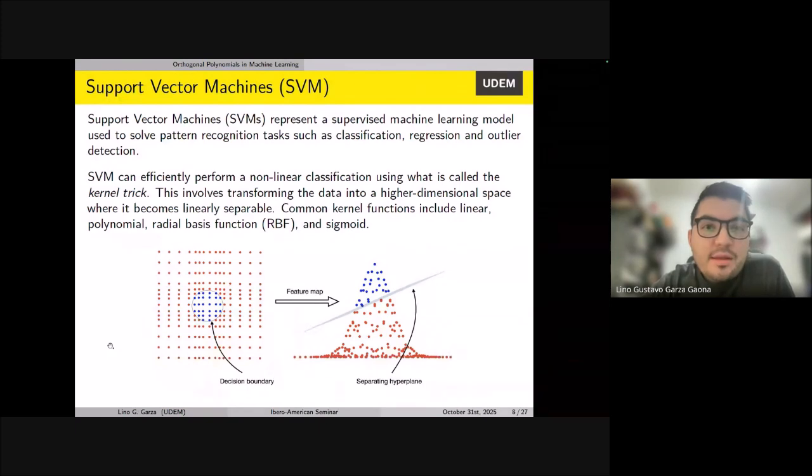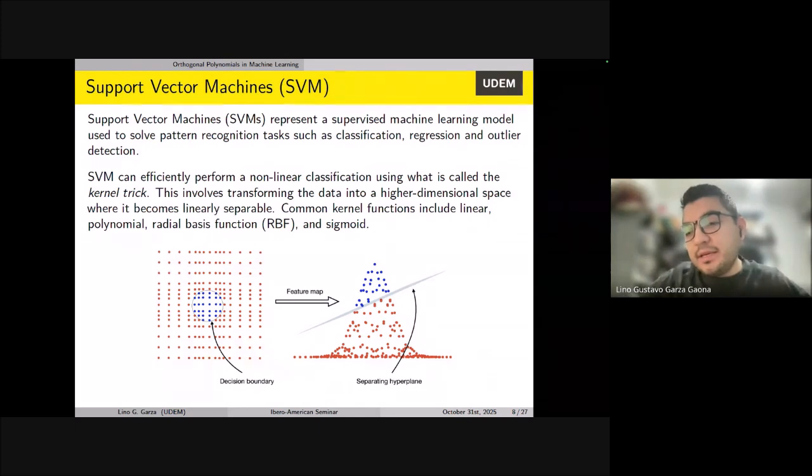For this, the support vector machines use something called the kernel trick. This means that you don't have to explicitly give the linear transformation, because that would be numerically costly.